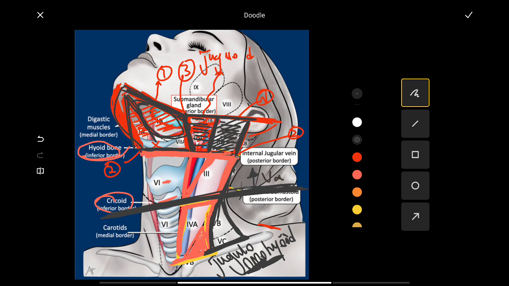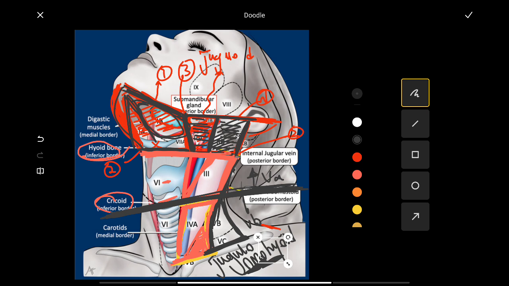And this part contains the accessory nerve, the spinal accessory. That's so important. It contains the accessory nerve. So the accessory nerve is in level 5A. And 5B is below that, you can say. Very simple. Now finally, level 6.